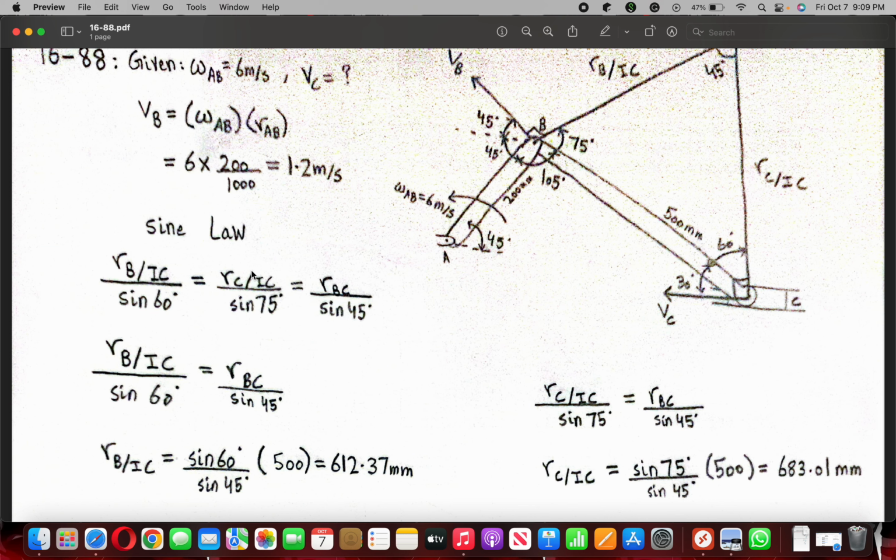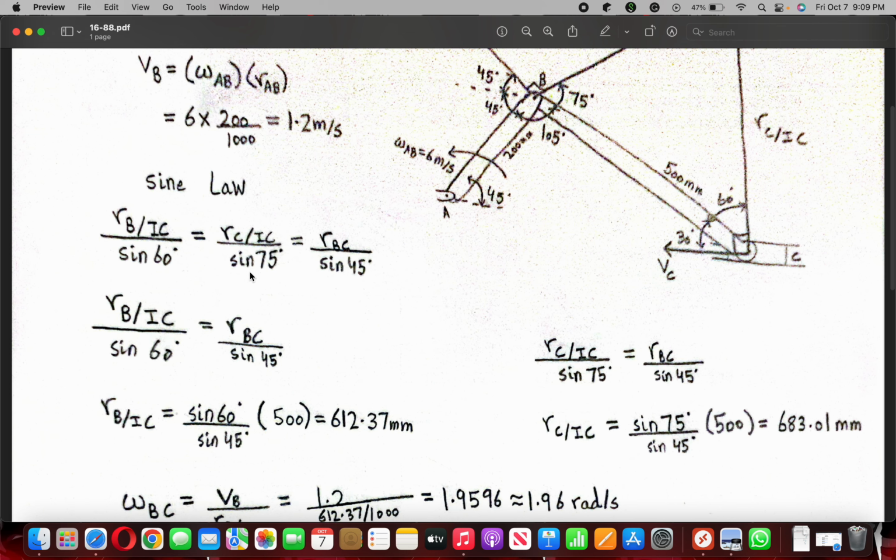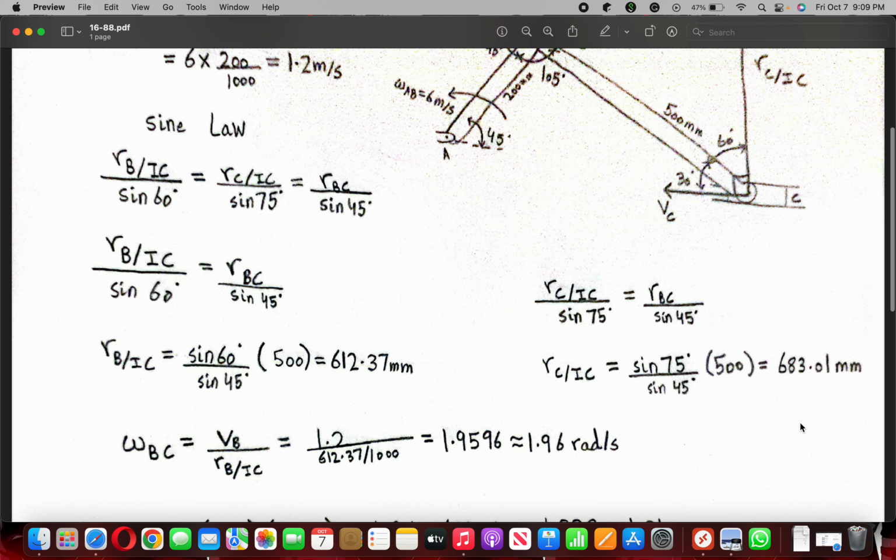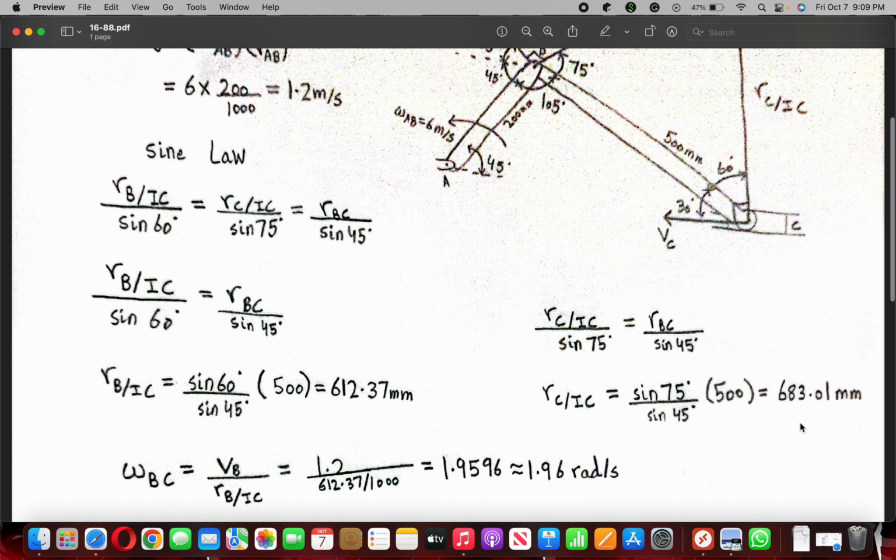By using the sine law, we get r B relative to IC, which is 612.37 millimeter, and r C relative to IC, which is 683.01 millimeter. So we get these values, and now we can get the angular velocity of BC.